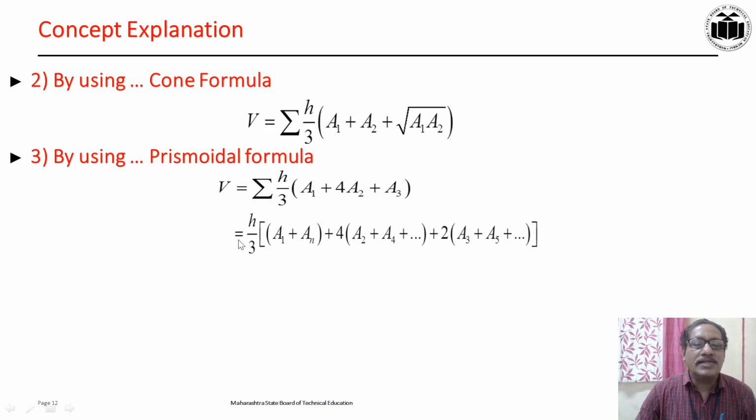Likewise, that is equal to h by 3 into [(A1 plus AN) plus 4 times (A2 plus A4 plus A6 likewise) plus twice (A3 plus A5 plus A7 likewise)].